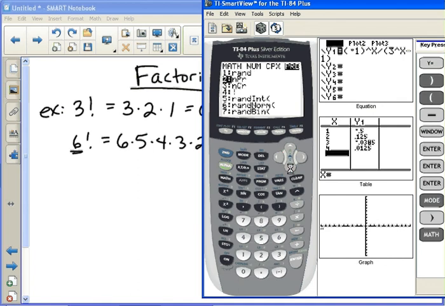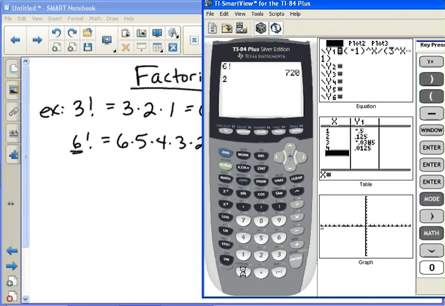Now factorial gets really big really fast. For example, if you do 20 factorial, 20, think about $20, not a huge amount of money, but if you do 20 factorial, watch how big this number is. 2.4 times 10 to the 18th. So you're talking about something like 2.4 quintillion.